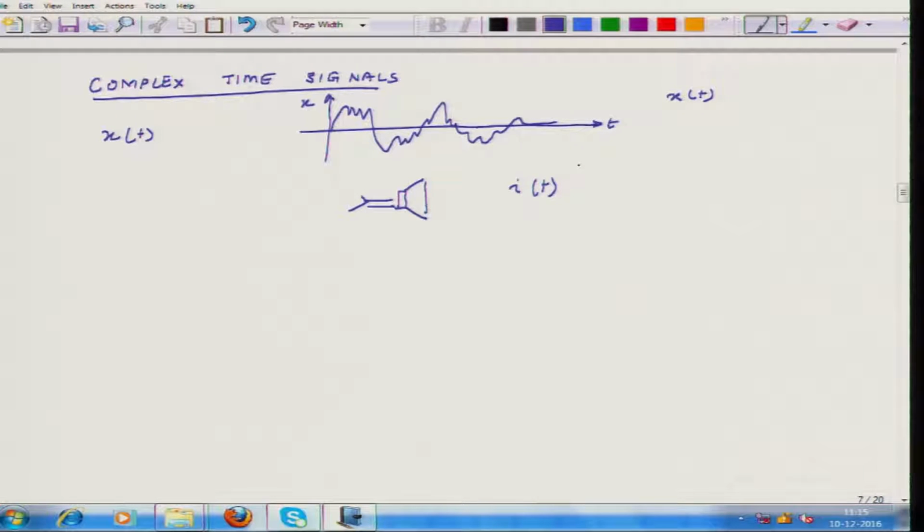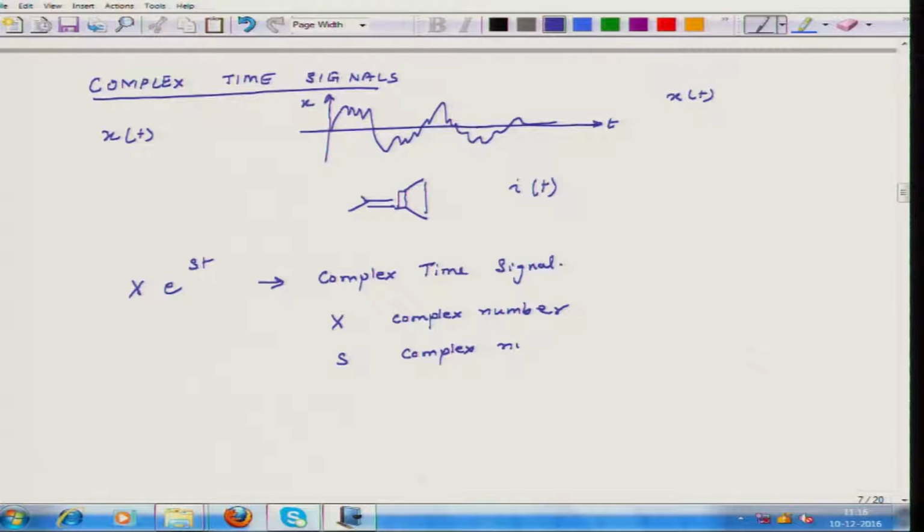Now, complex time signals are analogues of these types of signals, but in the complex domain. A complex time signal in general can be represented as x e to the power of st. Here both x and s are complex numbers.